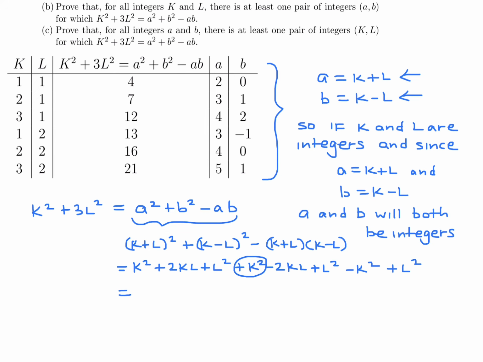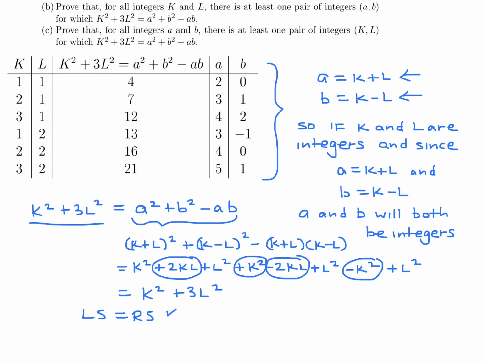This cancels with that, and all you're left with is k squared plus 3l squared, which is identical to the left side. So left side equals right side. Great. That means that those integers a and b satisfy the equation, and therefore, for all integers k and l, there is at least one pair of integers that satisfy the equation.